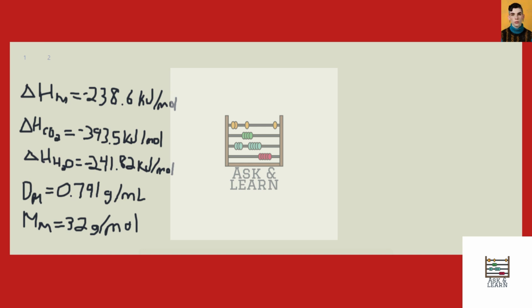Now we're going to look at B. We have two waters, so 2 times minus 241.82, minus 393.5 for the CO2. Then subtract the reactants, which is minus 238.6 for methanol.